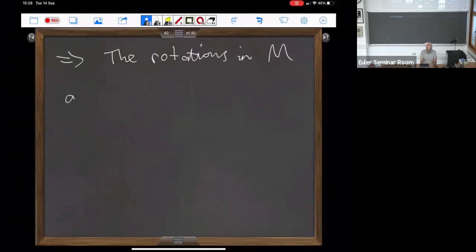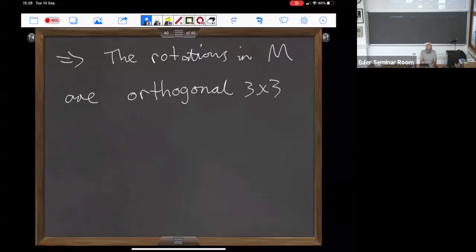So we get the statement that the rotations in M, or in other words, the subset of Lorentz transformations which are rotations, are orthogonal 3×3 matrices.